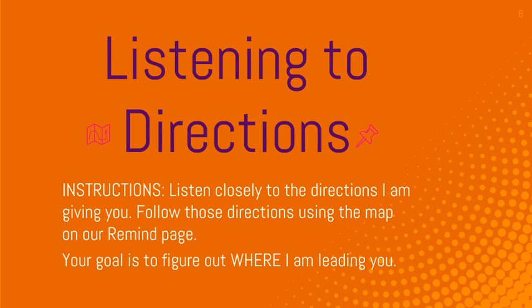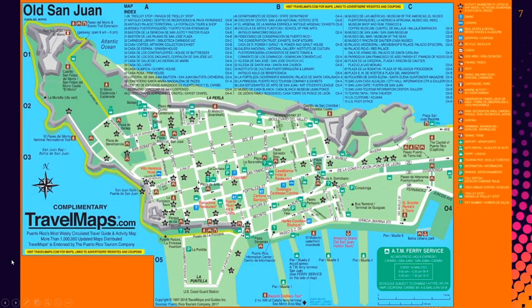The instructions are that you're going to have to listen closely to the directions that I am going to provide. You're going to follow those directions using the map, and what you want to do is figure out where I am taking you. Where did I lead you with those directions? Here is the map.